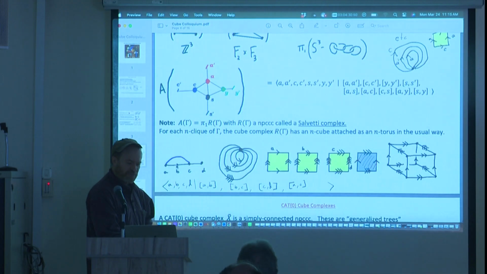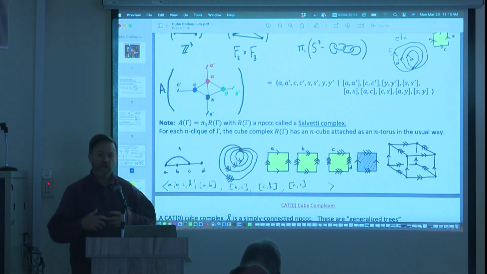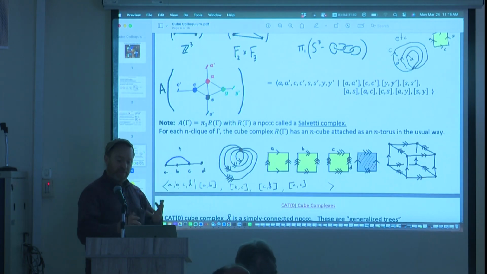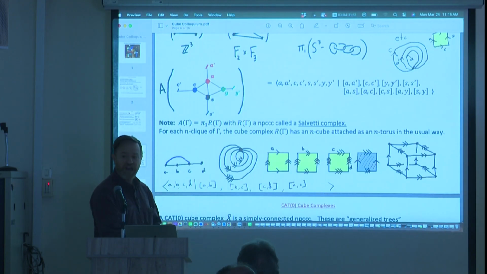A commutes with B commutes with C, and A commutes with C. That's 3 pairwise commuting generators. So I'm going to be adding a 3 torus to make this square complex, which corresponded to the presentation of the right-angled Artin group. That's a 2-dimensional cube complex, but it's not non-positively curved yet.